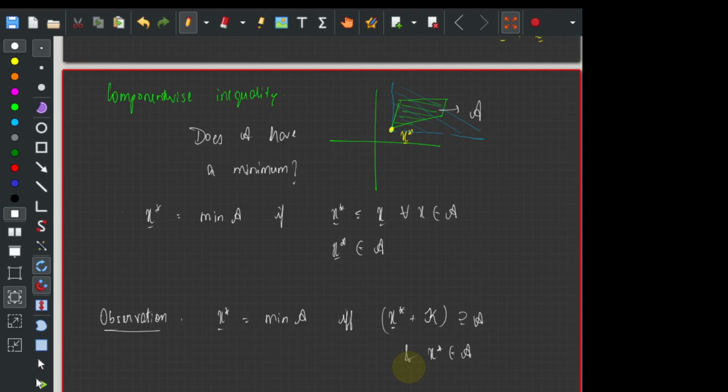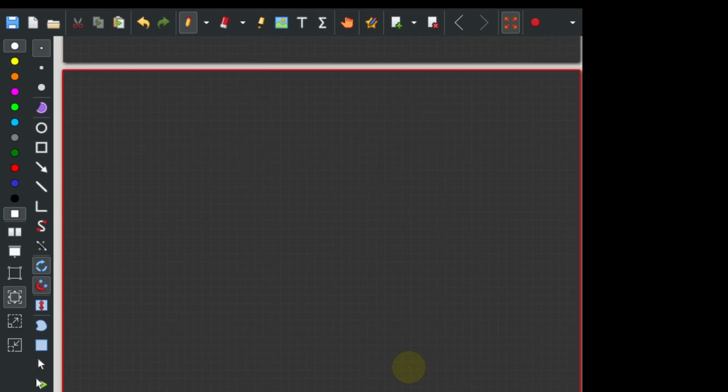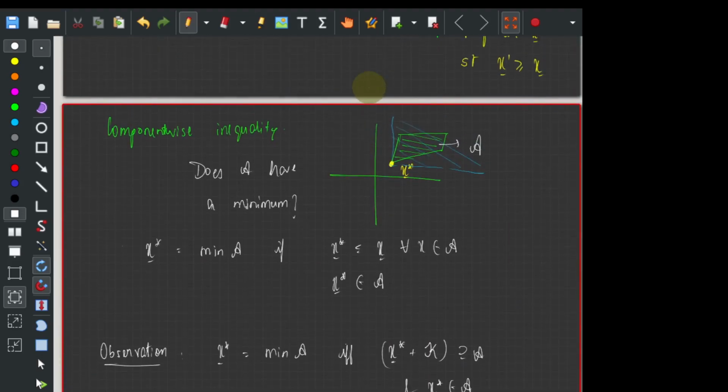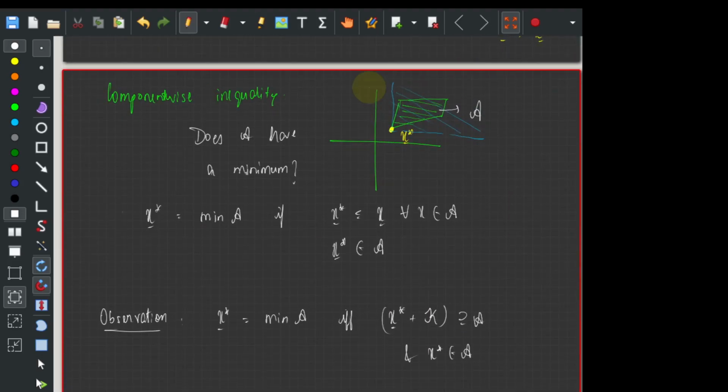But not every set could have a minimum. Right? So let's look at this particular set. Can you think of an example where the set does not have a minimum, according to the component-wise inequality?